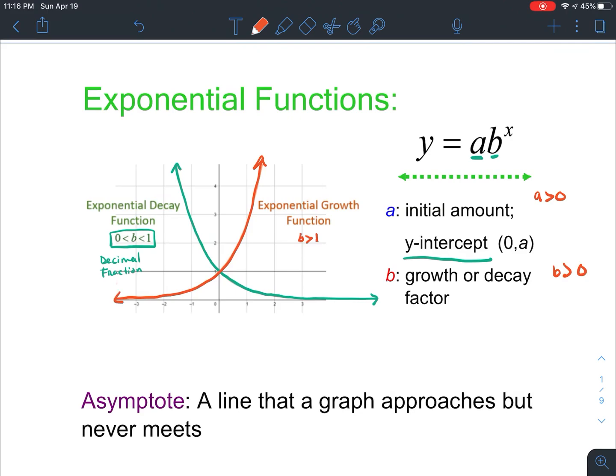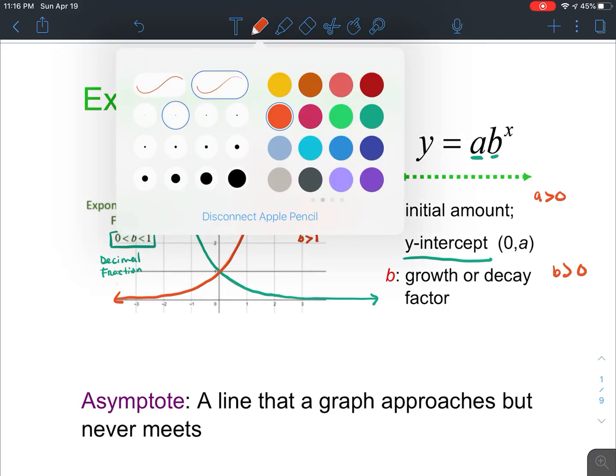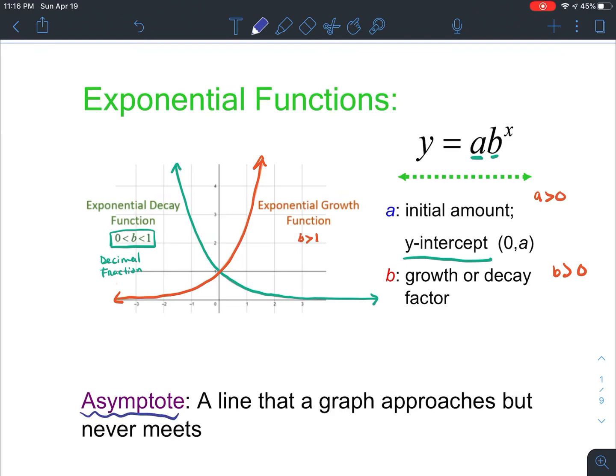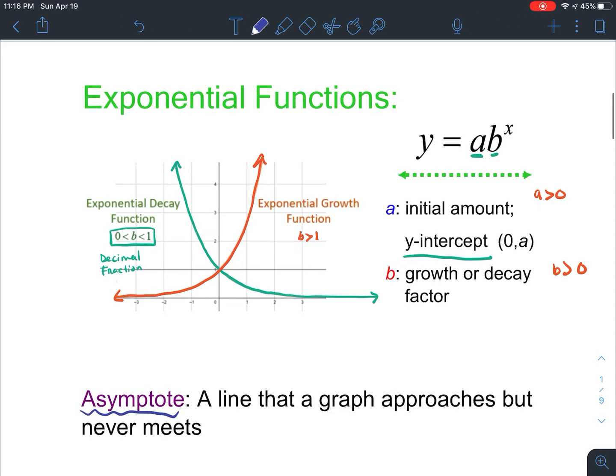Okay. Now, I did say that my graphs hover around a particular value. That value is represented by the line that we call the asymptote. Okay, the asymptote is a line that a graph approaches but never meets. So if we look at these very basic exponential functions, right, our x-axis functions as an asymptote because the graphs themselves will never actually cross it.